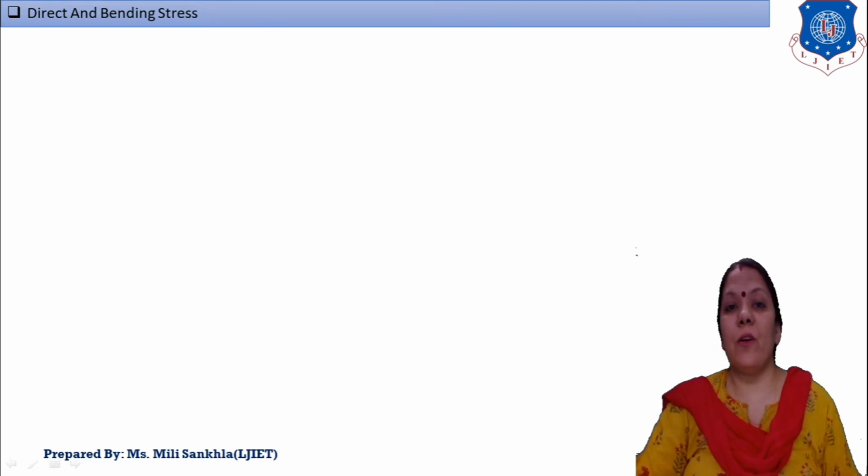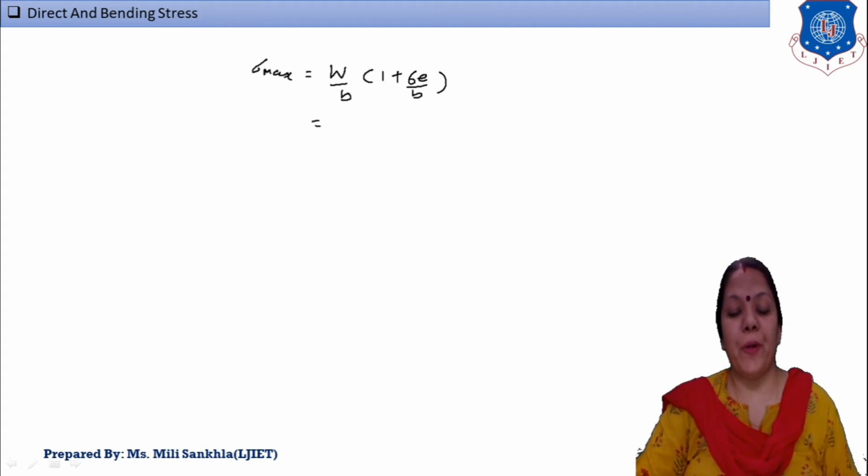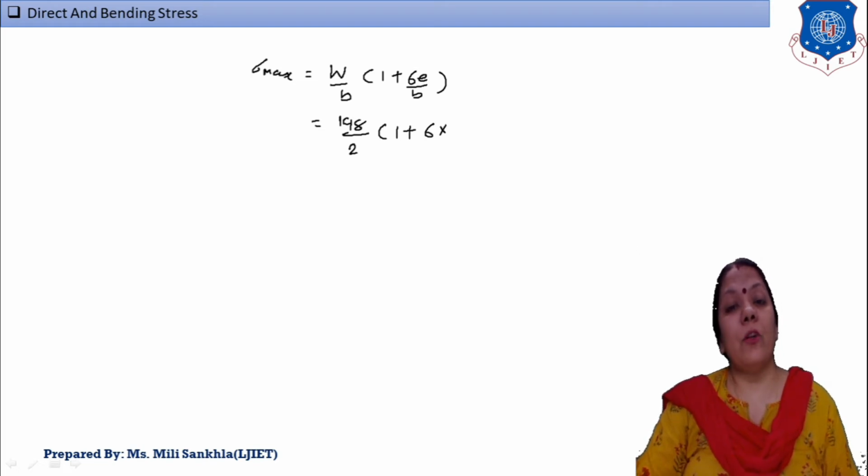Now first we find out our sigma max. Sigma max is equal to capital W by B into (1 plus 6E by B). What is capital W? Capital W is equal to 198, B is equal to 2, 1 plus 6 into E. Though our answer of eccentricity is negative, for calculation we have to take it positive.